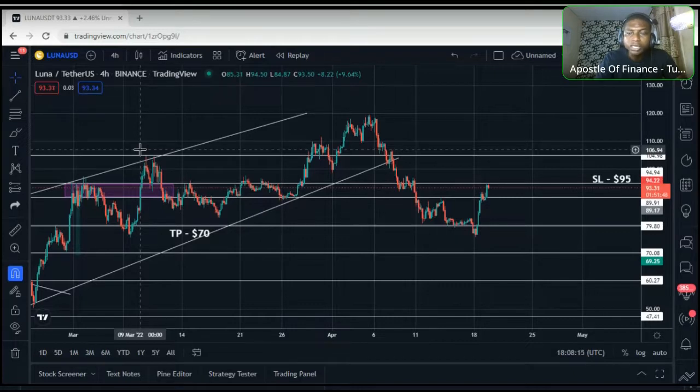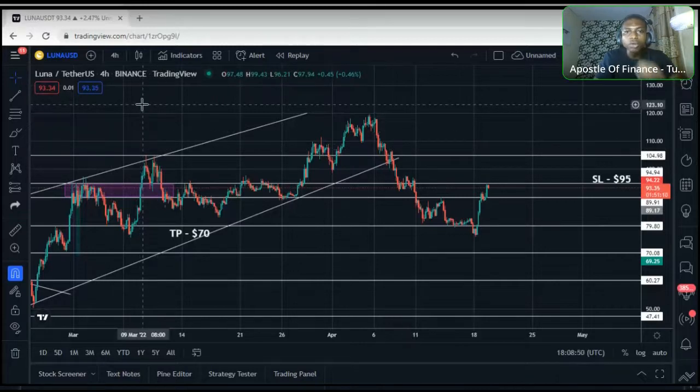So, technical analysis is a type of analysis that involves the use of historical data to predict future occurrence. It helps a trader to understand what has happened in the past, what is currently happening, and what is most likely going to happen in the future.